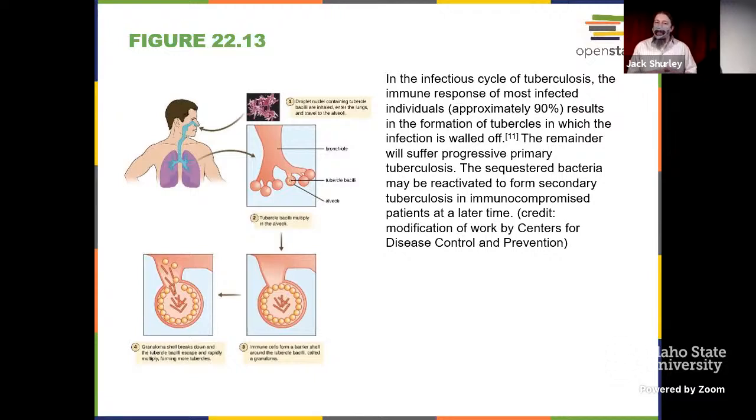There are massive amounts of individuals that are infected with tuberculosis. I can't remember the exact statistics, but it's about a sixth of the population, 1.5, almost 2 billion people infected with tuberculosis right now.